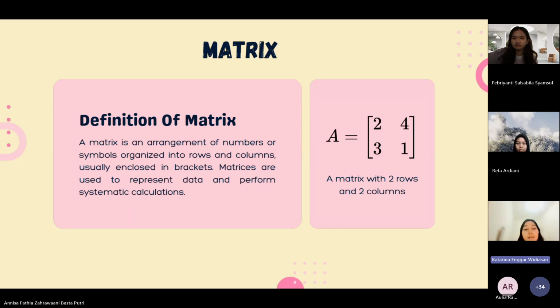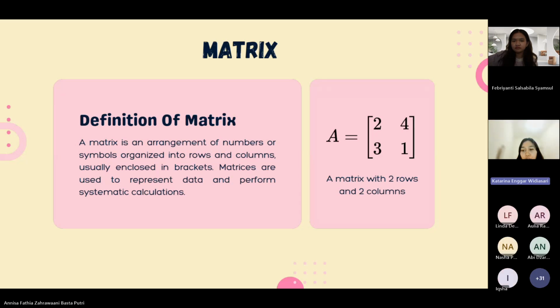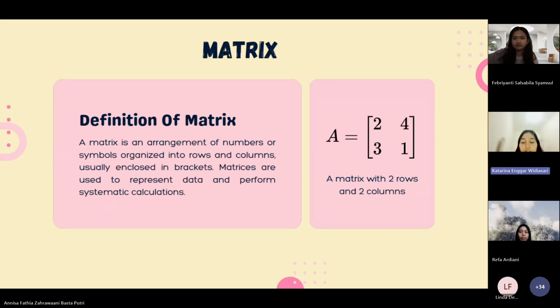in mathematics, matrices are useful because they help organize information in a structured way. So, look at the example on the slide. It is matrix A, which contains four numbers: 2, 4, 3, and 1.